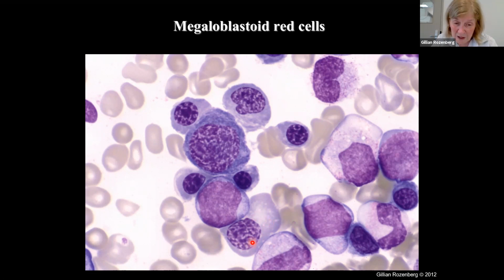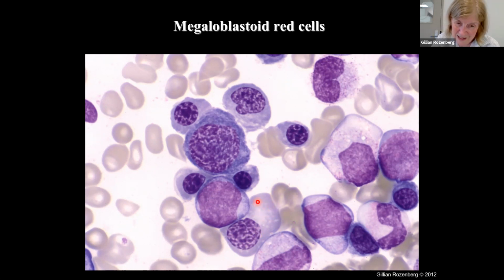But if you look at the nucleus, it's very immature and primitive. So it's lagging behind in the maturation process compared with the cytoplasm. So this is classically a feature of dyserythropoiesis. An open chromatin pattern in the nucleus, demonstrating it's very primitive, but the cytoplasm is much more developed.